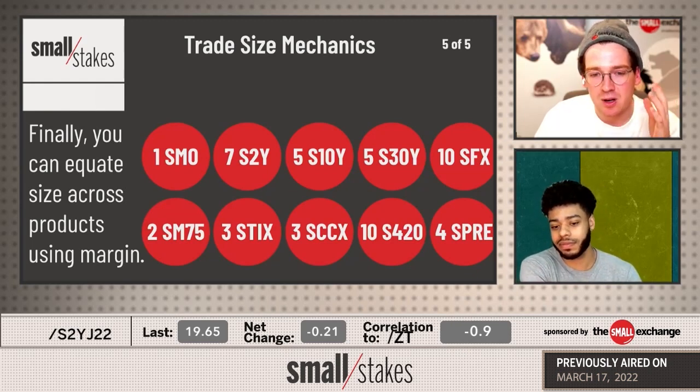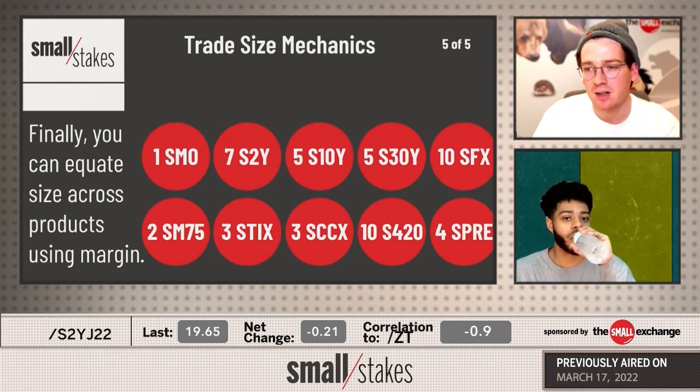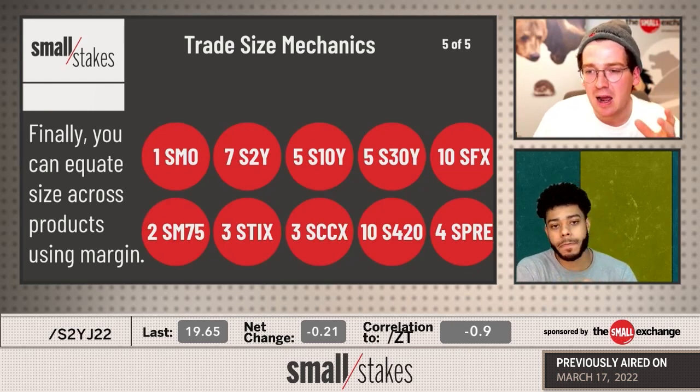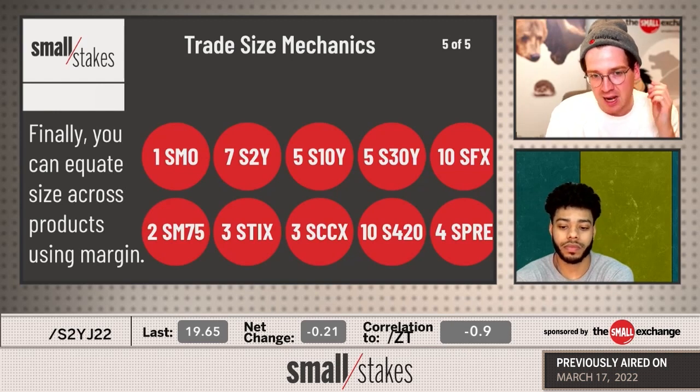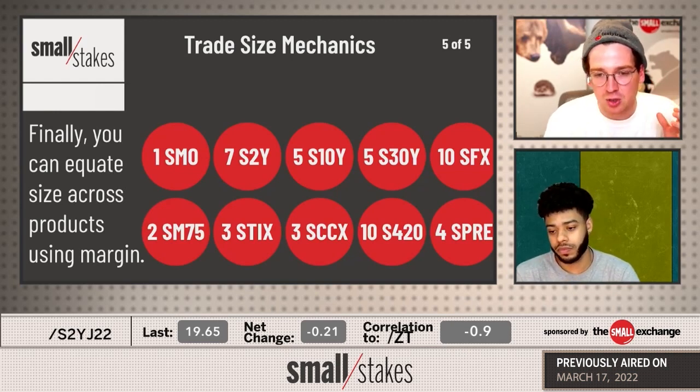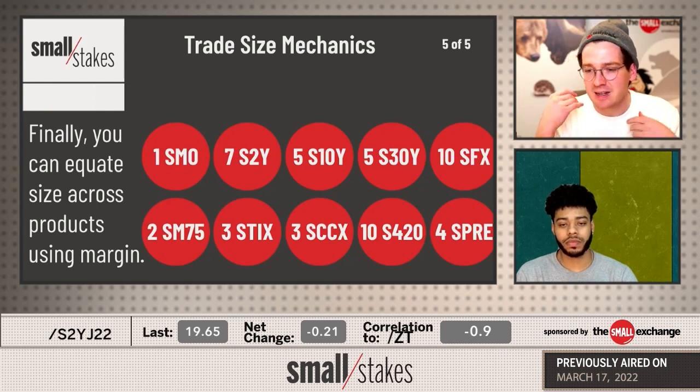Yeah. And why you want to try to equate your sizing here, Errol, is so that you don't have your P&L swinging with just one market. Like I say, with this correct sizing, I could have a trade on in crude oil, a trade on in rates, and a trade on in metals, and say rates and metals are my two winners.